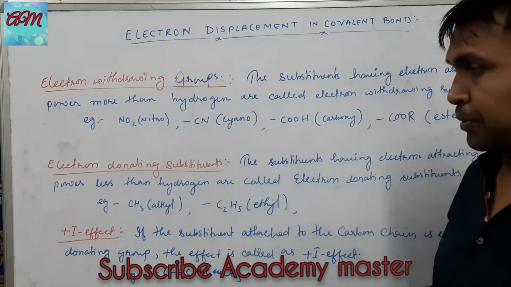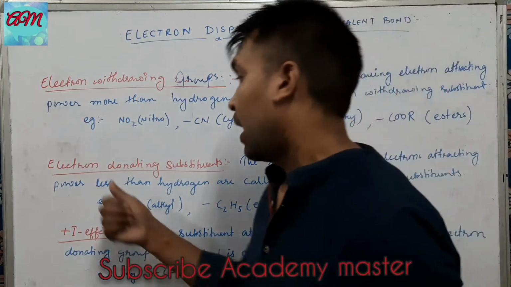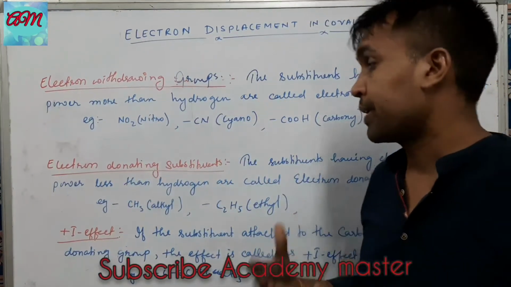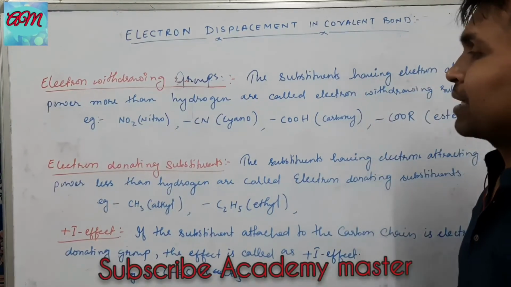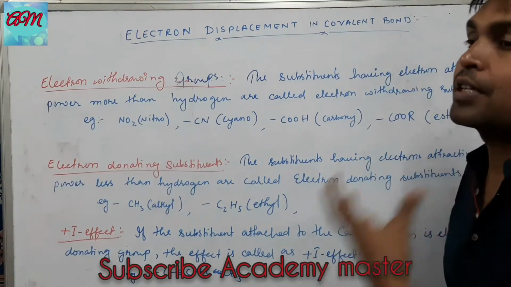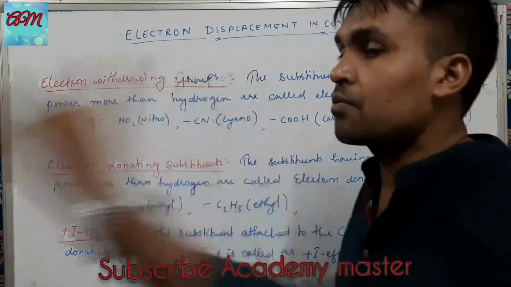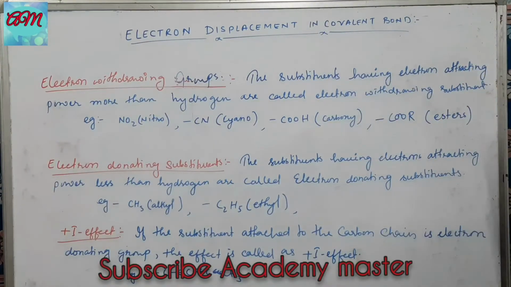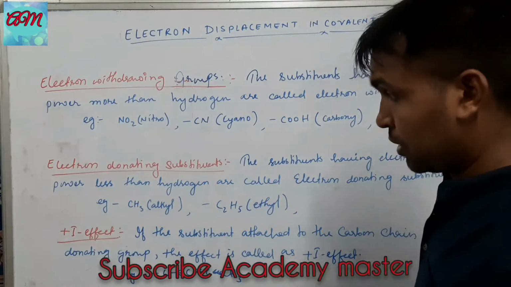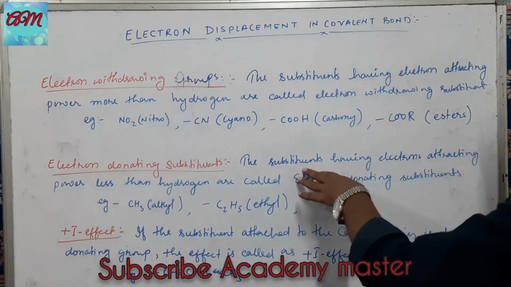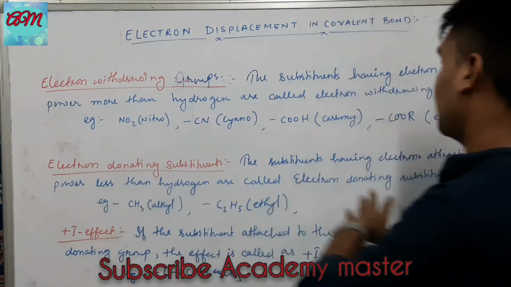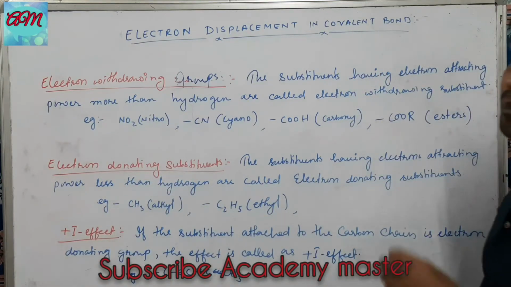Coming to the next, the electron donating substituent, or you can call it an electron donating group. By the name itself it's very clear, they are very generous, very rich, they want to give, to donate. So the substituent having electron attracting power less than hydrogen is called an electron donating substituent or group.